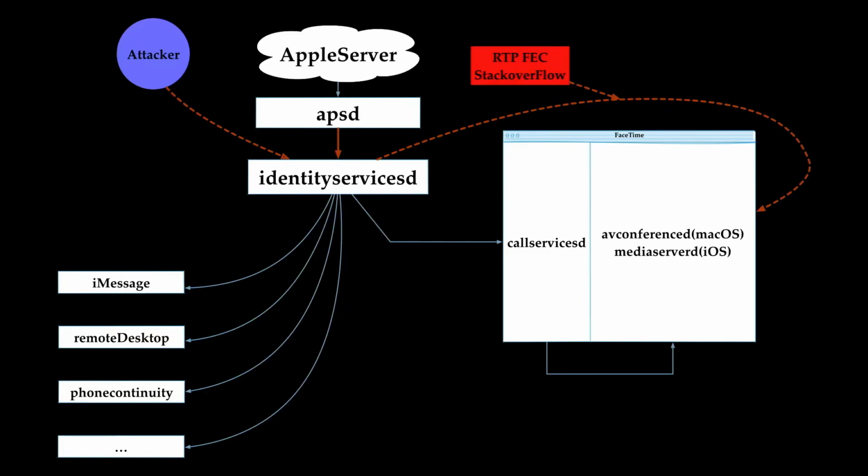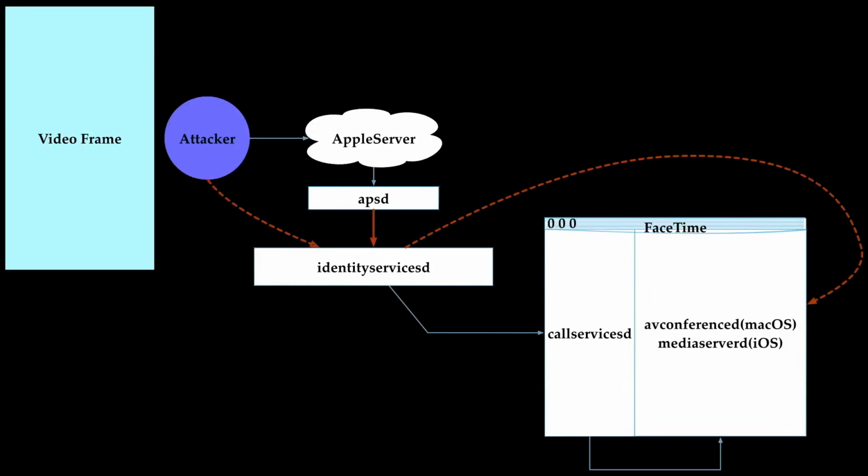Okay, now let's move to another very interesting bug, a stack overflow issue in the RTP parser. So you may ask me, come on, stack overflow, is it still exploitable? Let's see. When a FaceTime call is connected, video frames will be transferred between each side.